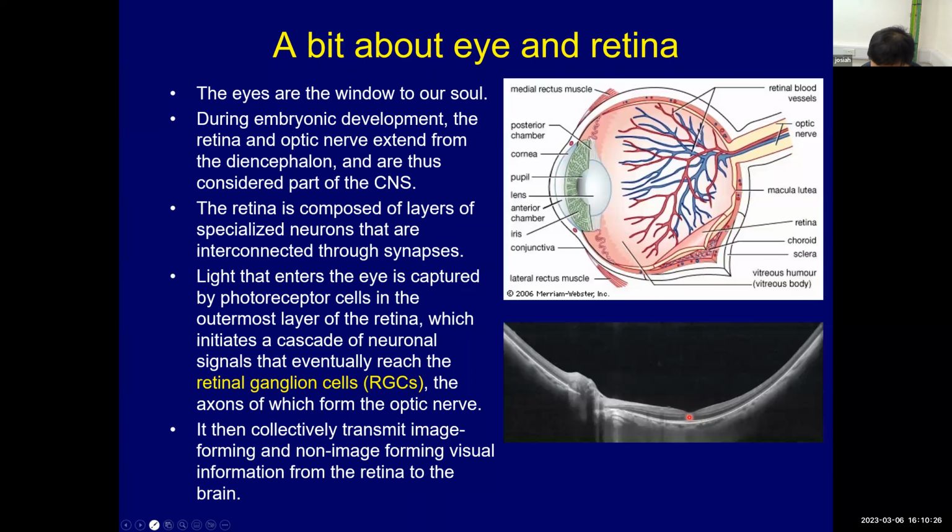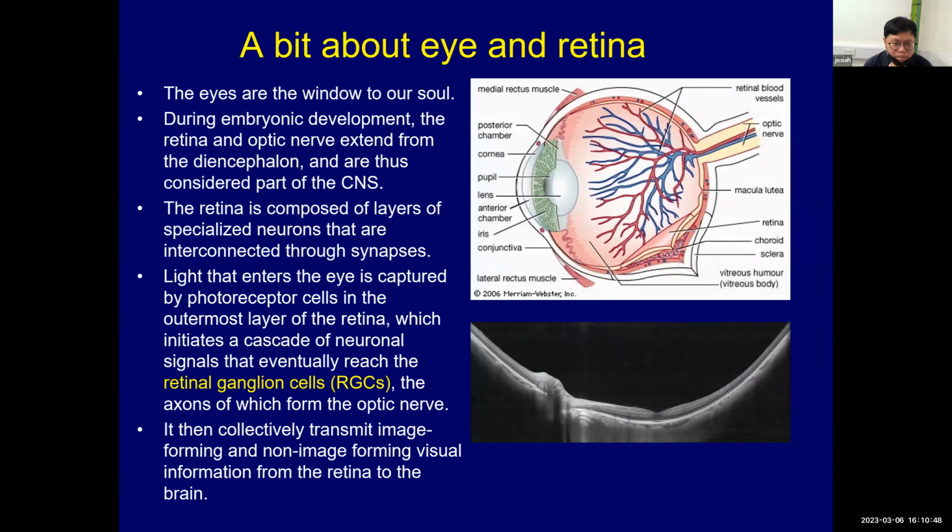Here is the region we call the macula lutea, or macula. This is where there is a very dense concentration of photoreceptors, and a part void of vessels, which is where your vision has the highest acuity.